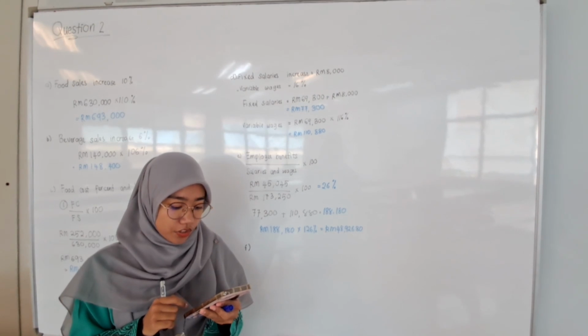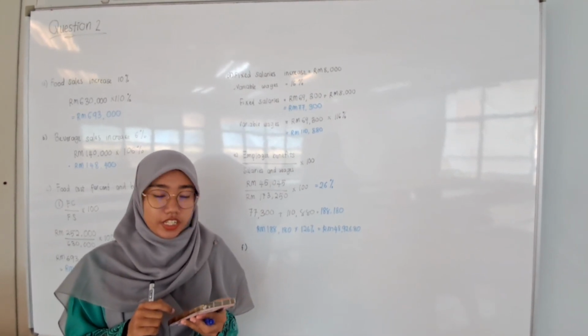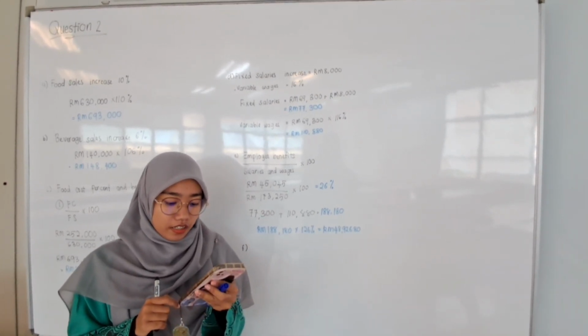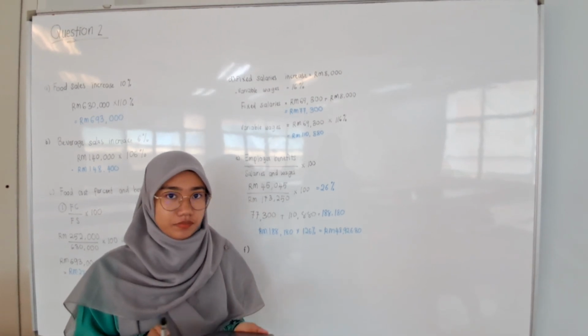For the F, controllable expenses will increase by 5,000.